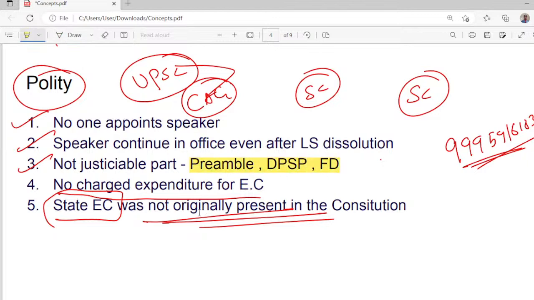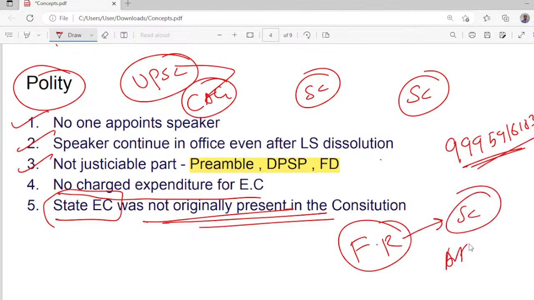The opposite of this is a fundamental right, which is justiciable. That means in case of violation of a fundamental right, you can go to the Supreme Court under Article 32. Is that clear, sir? So not justiciable means you cannot go to the court.